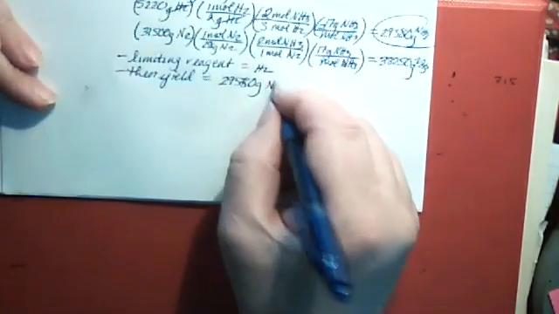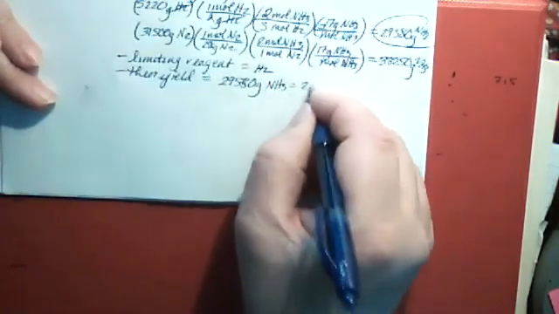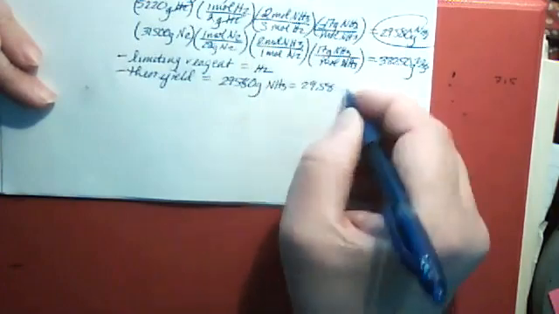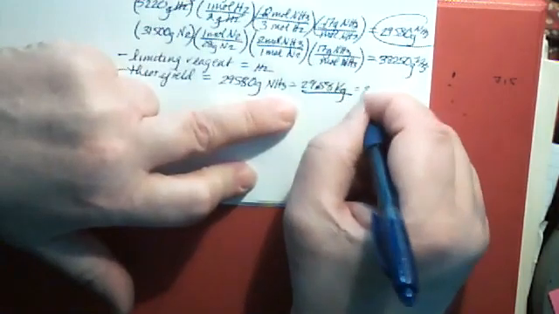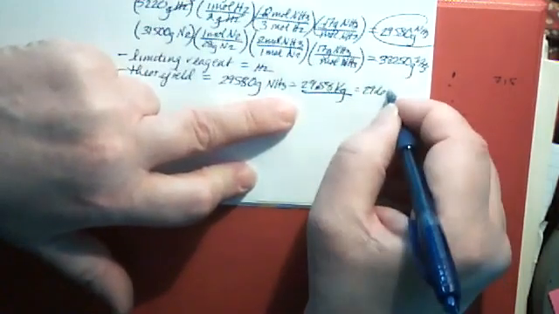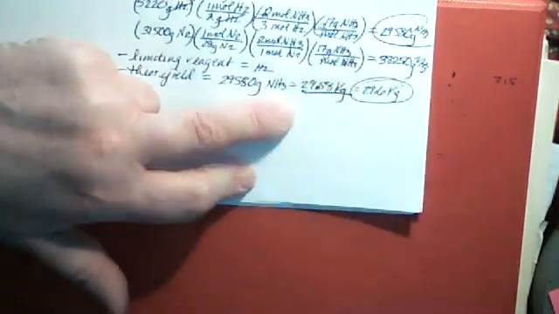You would divide by 1,000 to put it back in kilograms. So 29.58 kilograms, or 29.6 actually, in 3 significant figures. And so that would be your theoretical yield.